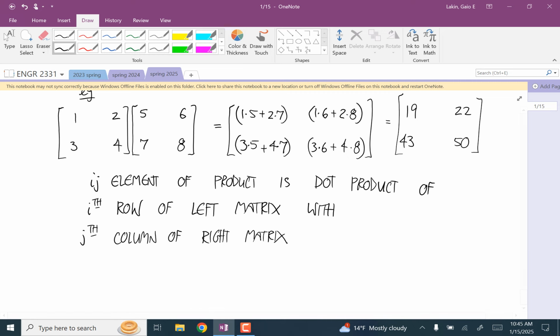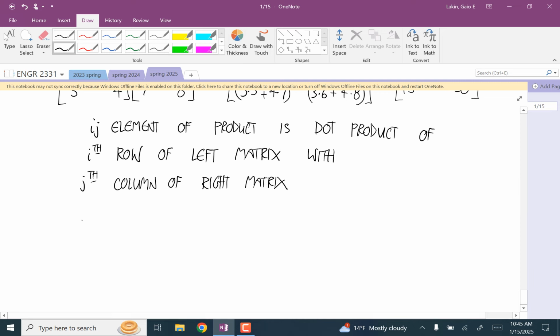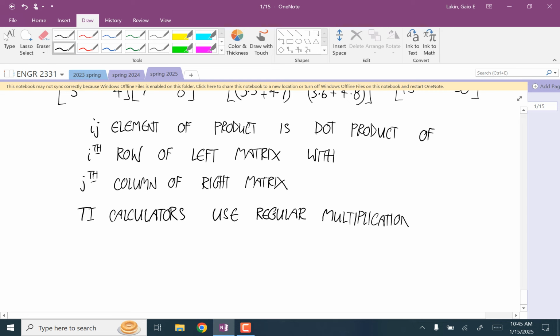And in TI calculators, once you have those matrices entered, you just use the regular multiplication symbol, and it'll do it for you.